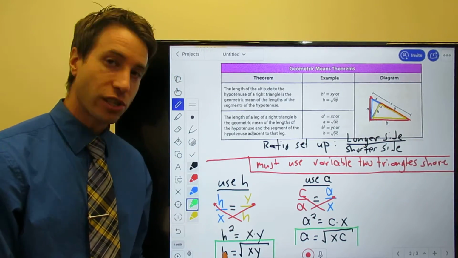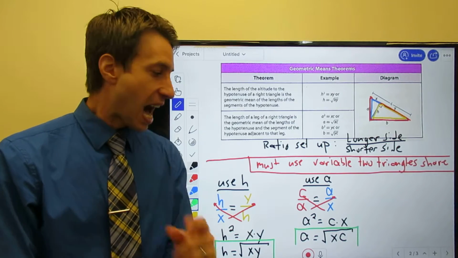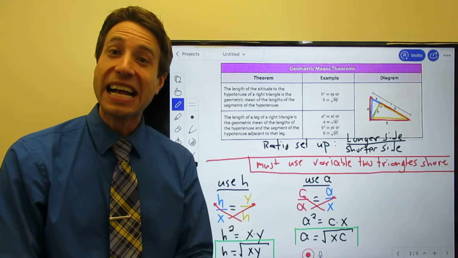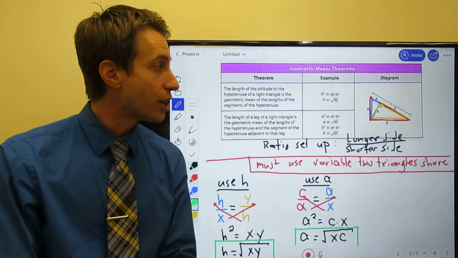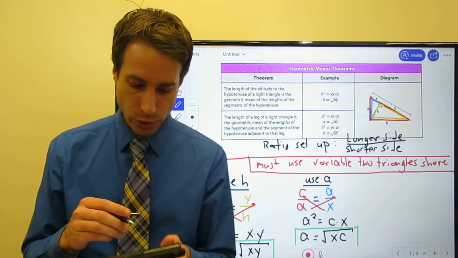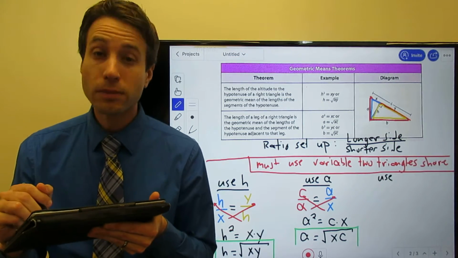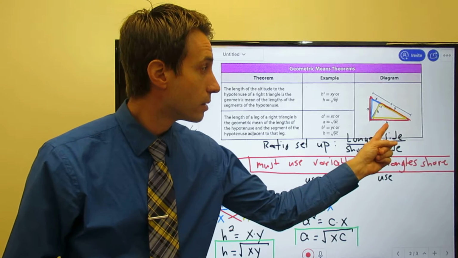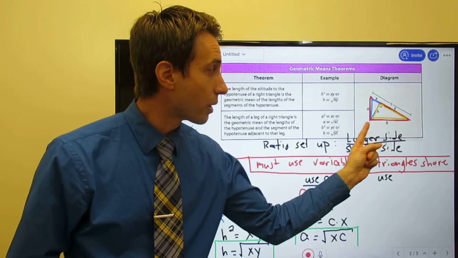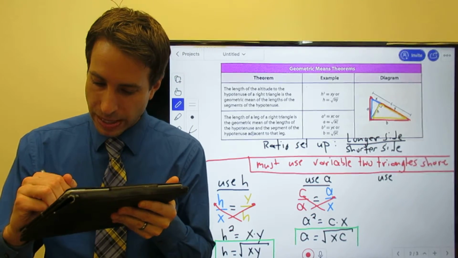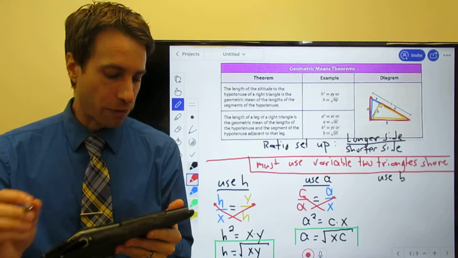So I see H is a geometric mean of X and Y. I see A is a geometric mean of X and C. And I have two triangles that share another common side. Can you see which one it is? Yeah, right here. Side B. The red triangle has side B, and the yellow triangle has side B. So, red triangle first.